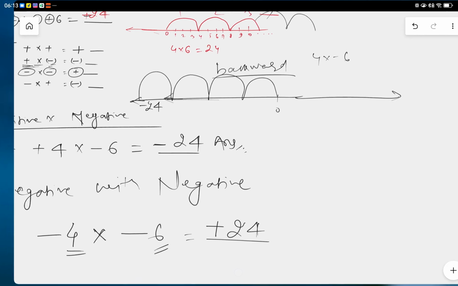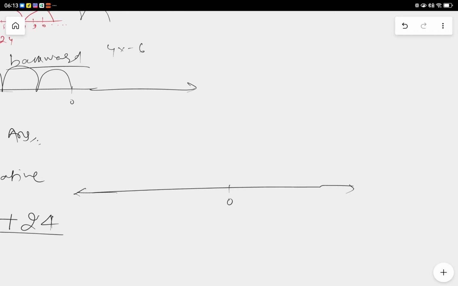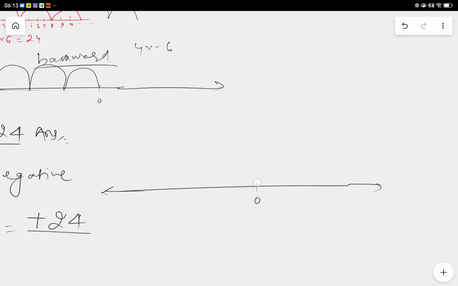So how to do it on the number line? It is the same thing: the -4 units has to be jumped from 0.